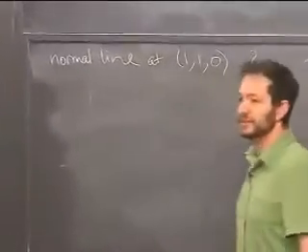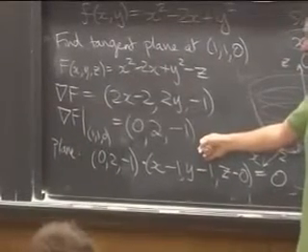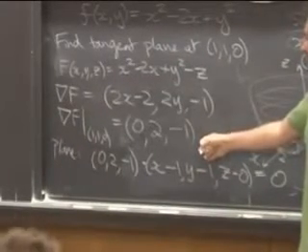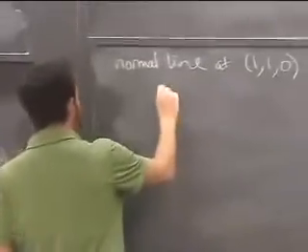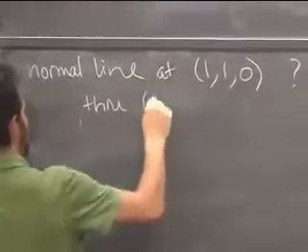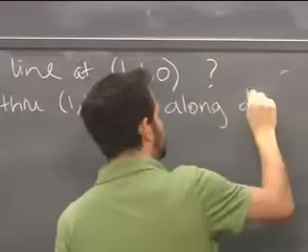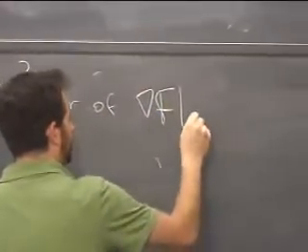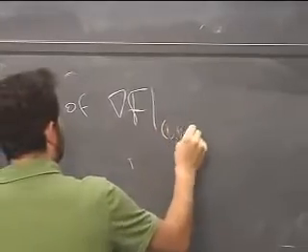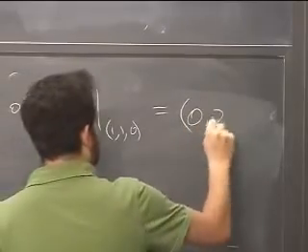Well, if the tangent plane is perpendicular to this vector here, 0, 2, minus 1, which is del f, then the normal is along that line. So the line we're looking for goes through 1, 1, 0 along the direction of del f at this point 1, 1, 0, which was 0, 2, minus 1.